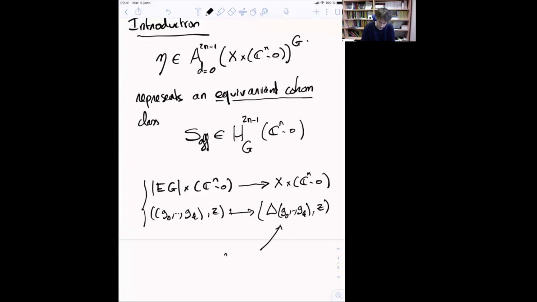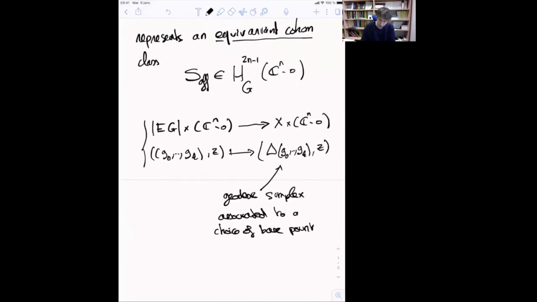And this geodesic simplex is associated to a choice of a base point in X. So the map, as you see, is something like that. You choose a base point in your symmetric space, and you move it by the element G0 to preserve the action.